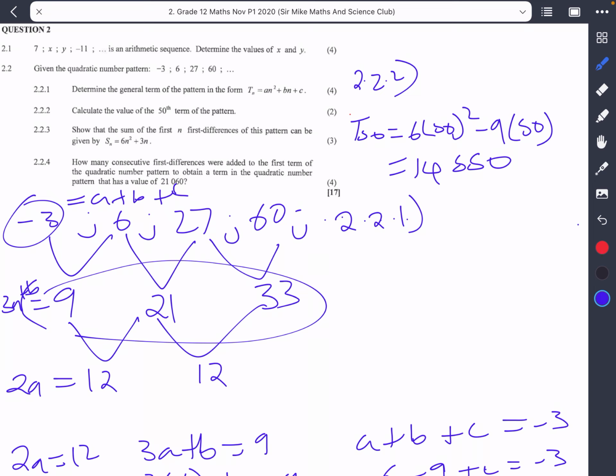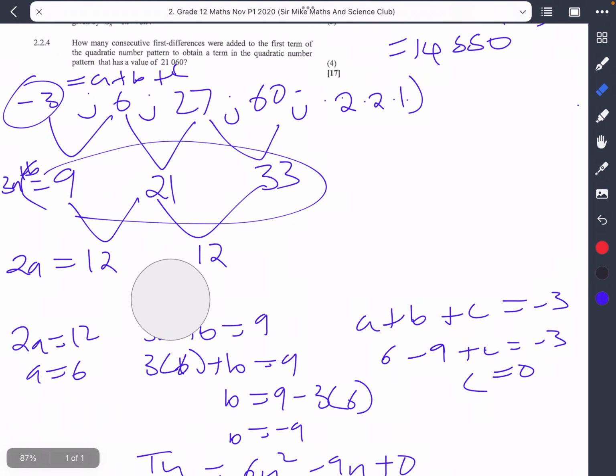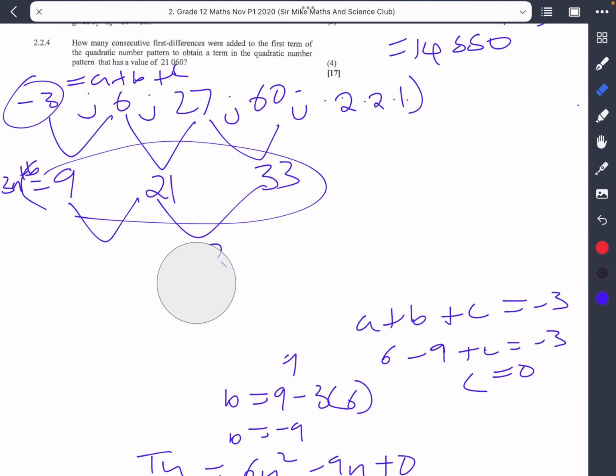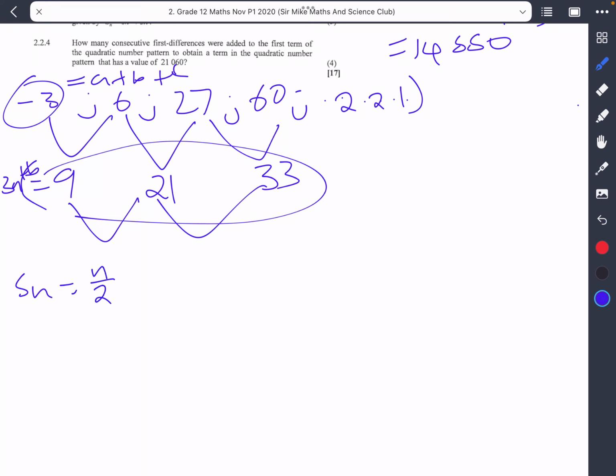So in this case, to calculate the sum of an arithmetic sequence, let me just erase what we have happening there. Remember, to calculate the sum of n terms in an arithmetic sequence, Sn equals n divided by 2 multiplied by 2a plus n minus 1 multiplied by d.